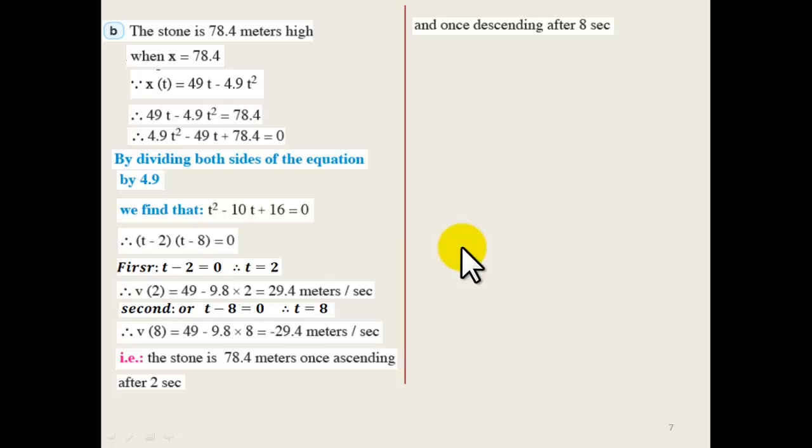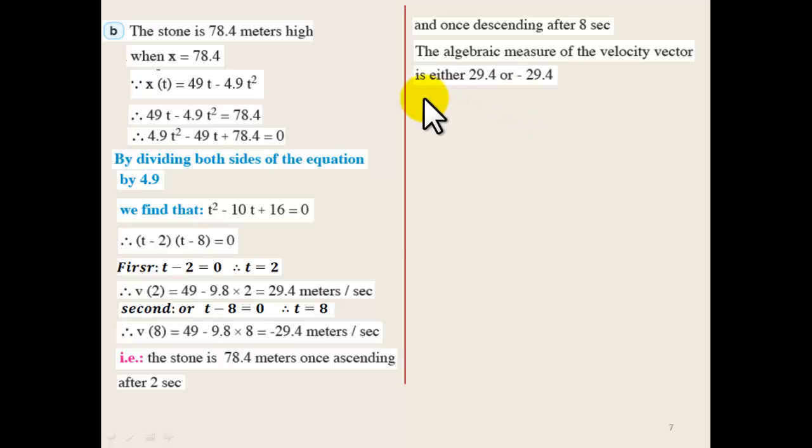You can imagine it: the stone is projected upwards and it will come back again, descending. And we'll discuss it through the curves. The algebraic measure of the velocity vector is either 29.4 or negative 29.4.